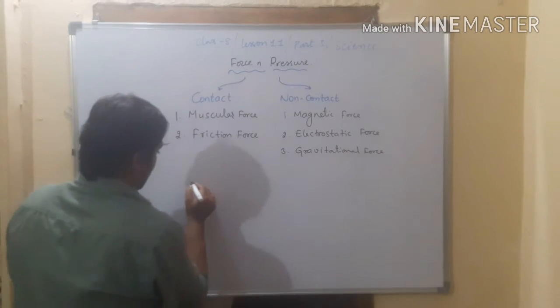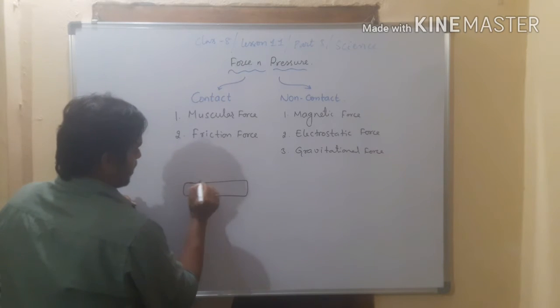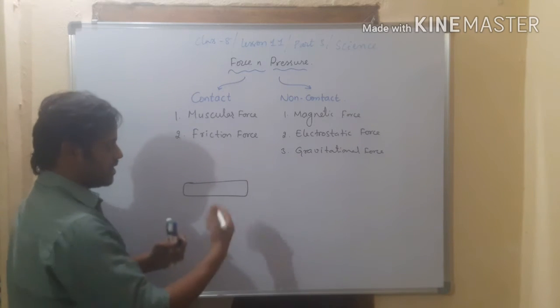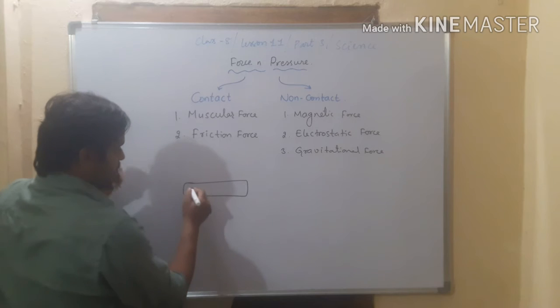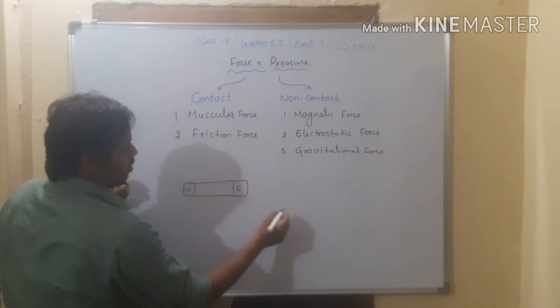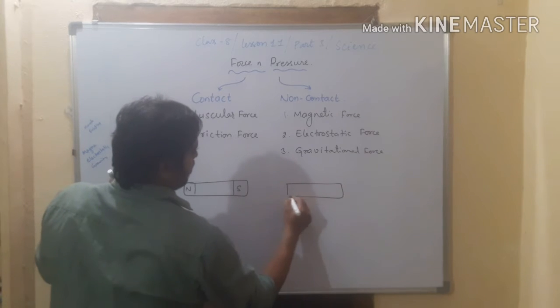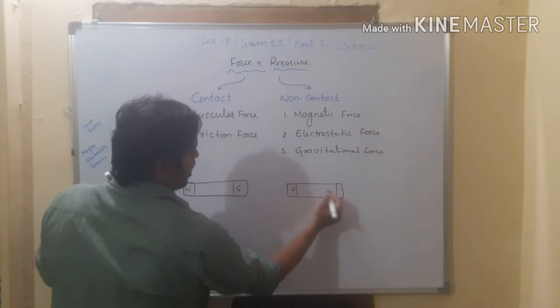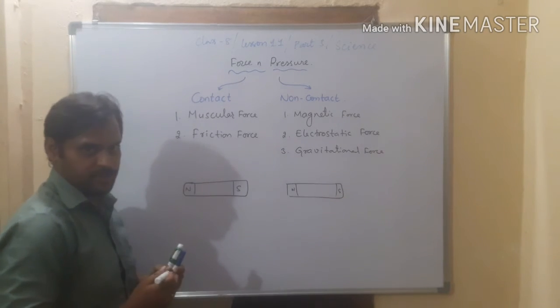Magnet is made up of a mixture of different metals. And if you take a bar magnet, it has two poles, north pole and south pole, and here is another one, north pole, south pole.